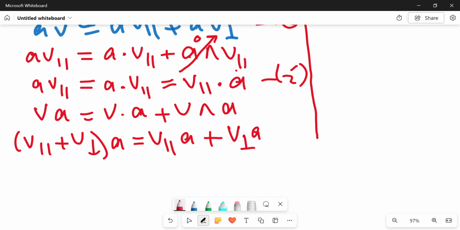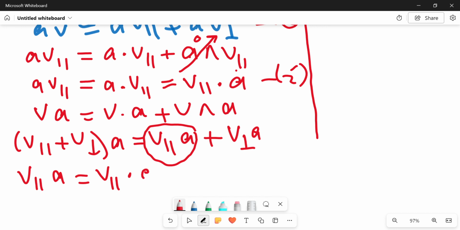This is equal to, let's take V parallel A. We took A V parallel. Now we want to find the opposite, V parallel A. This is the geometric product, V parallel dotted with A and V parallel wedge A. Again, this is 0 because they are parallel.